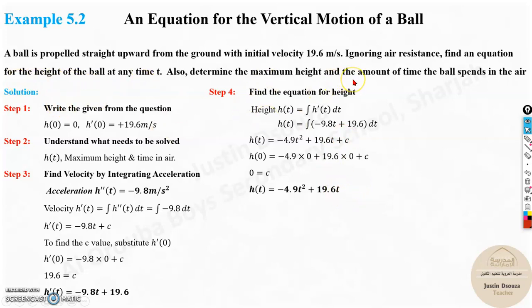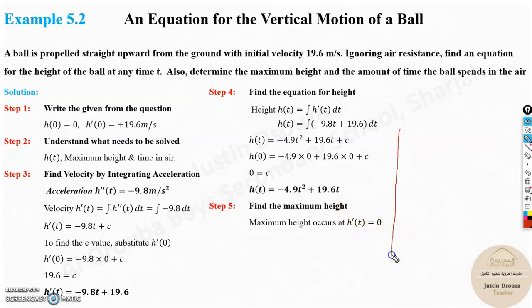Now we need to find the maximum height and the amount of time the ball spends in the air. To find the maximum height, you must always remember this. I'll explain why. Even in the coming problems, you will see the maximum height occurs when the velocity is zero. What does that mean? Now imagine like this.